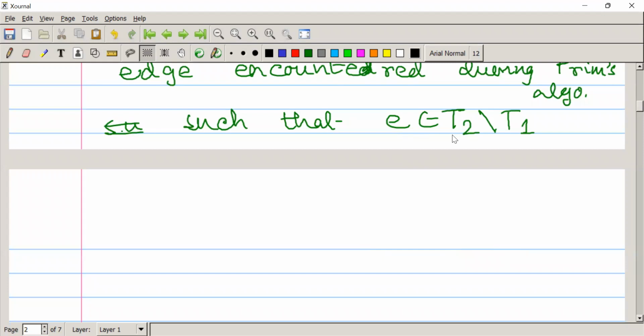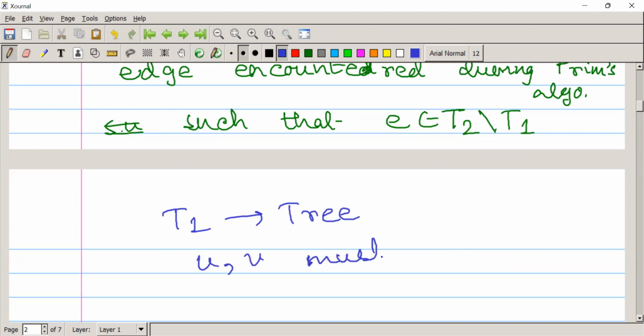So UV was in T2 and not in T1, and since T1 is a tree, UV must be connected in T1.